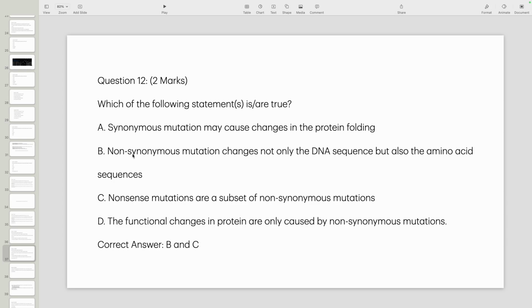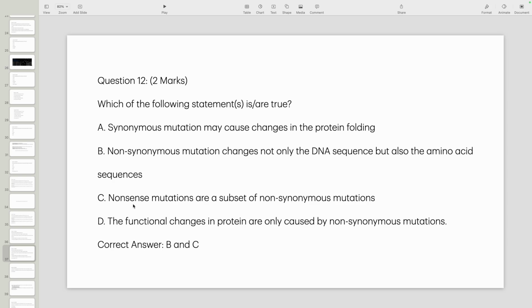The B option is non-synonymous mutation changes not only the DNA sequence but also the amino acid sequence. This is true, because during the non-synonymous mutation there is the synthesis of a different amino acid. So the mutation is causing the change in the DNA sequence, and because it is a non-synonymous mutation, there is also a change in the amino acid sequence.